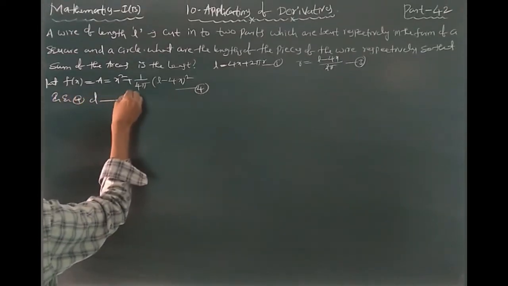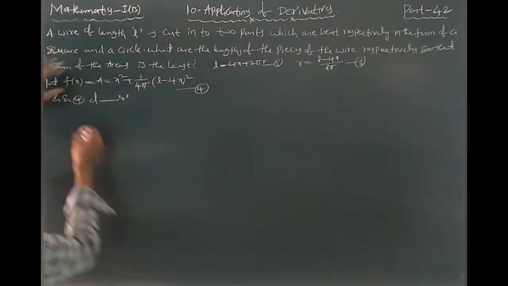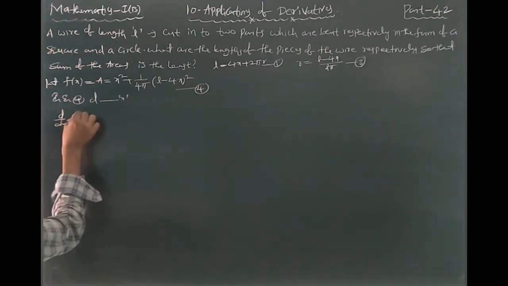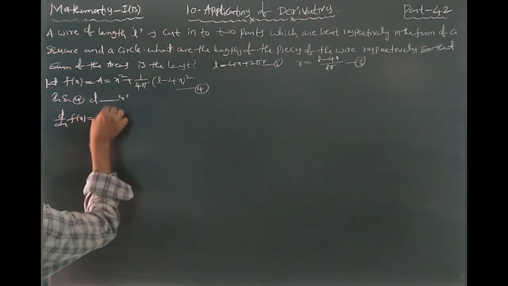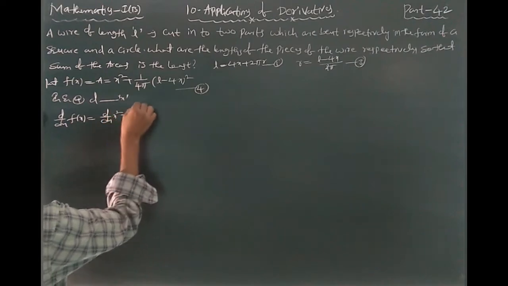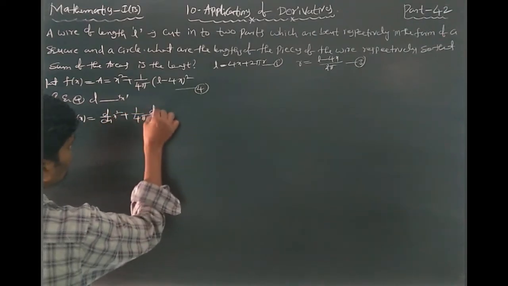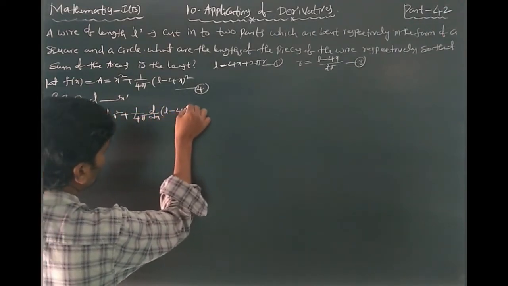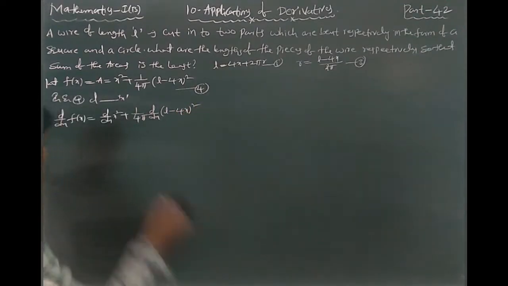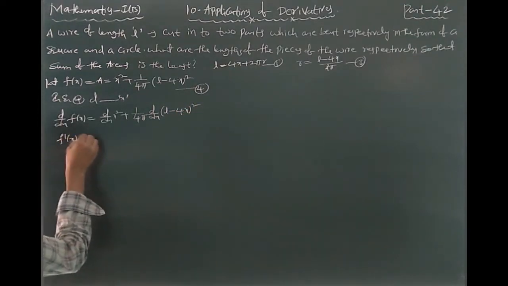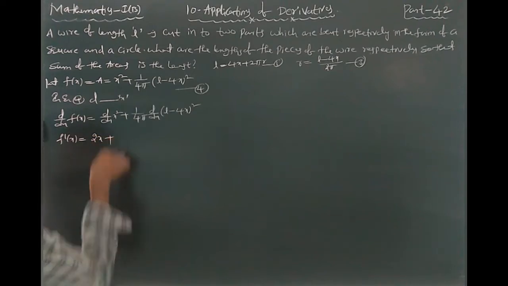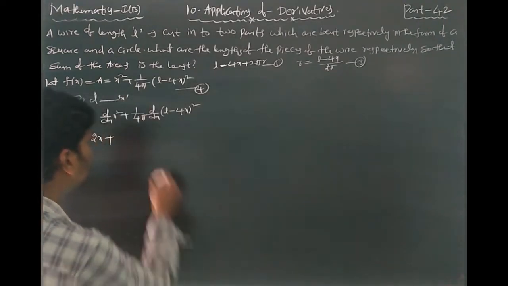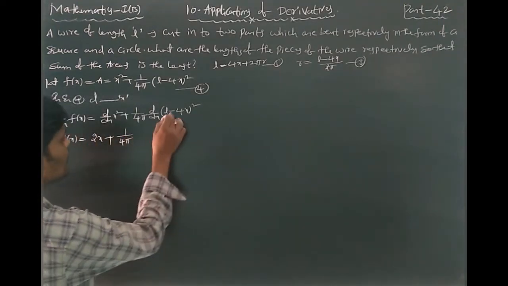Take the derivative on both sides with respect to x. You get, constants, d by dx of f of x equal to d by dx of x square plus 1 by 4 pi, common, d by dx of (L minus 4x) whole square. Yes, students, f of x derivative is f dash x. x square derivative is 2x. 1 by 4 pi, here use the u power n formula.